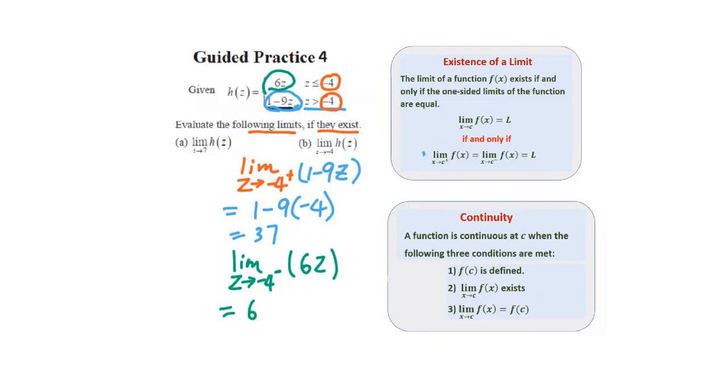So you get 6 times negative 4 equals negative 24. Since these two are not equal to each other, therefore, this limit doesn't exist.